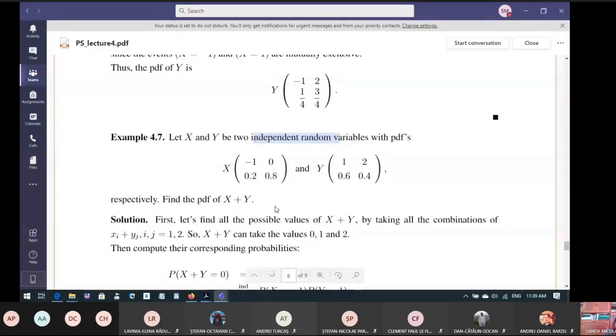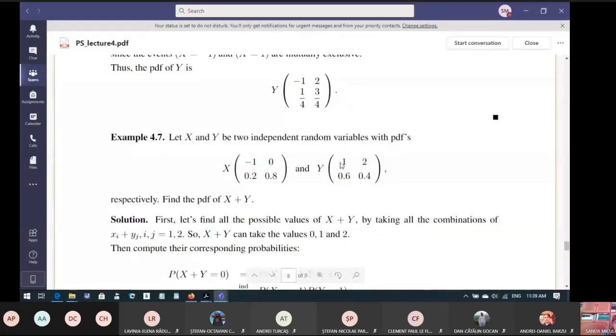We proceed the same way. First, we look at the values, right? All the possible values of x plus y, which come from all the possible values of x, all the possible values of y, okay? To make sure you don't lose any combination, take one of them, for instance, the values of x, and add one value of y at a time.